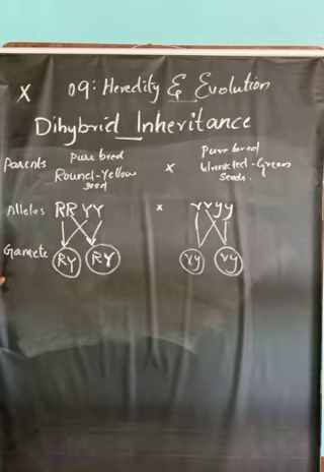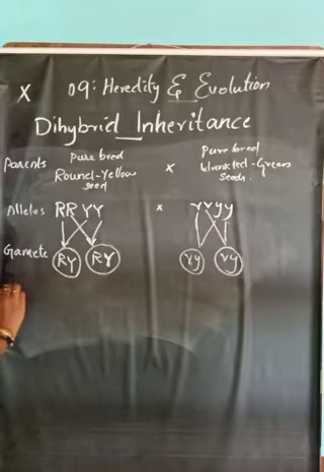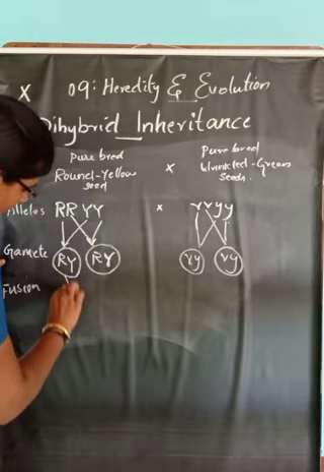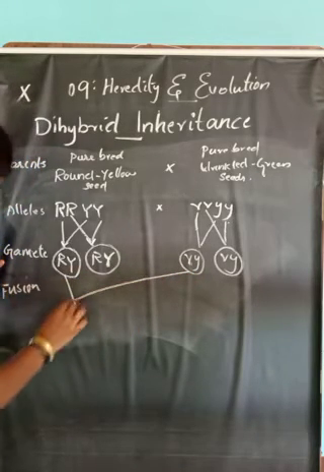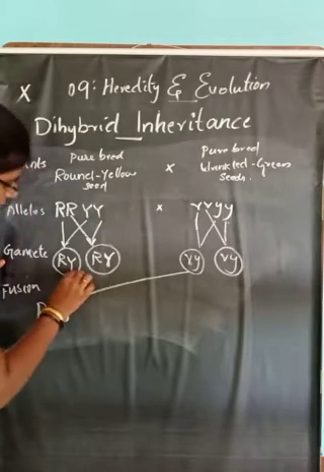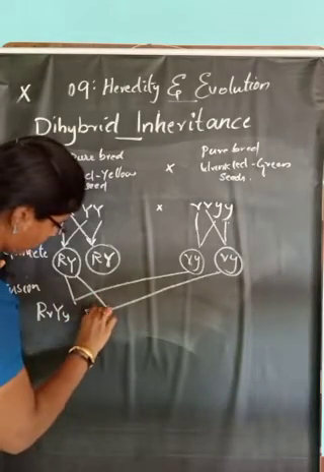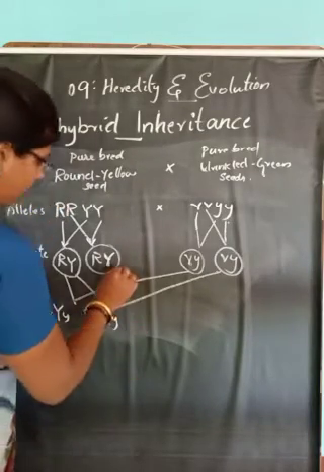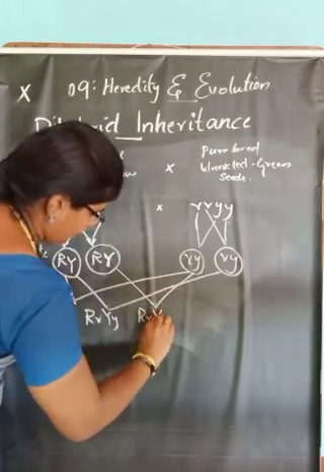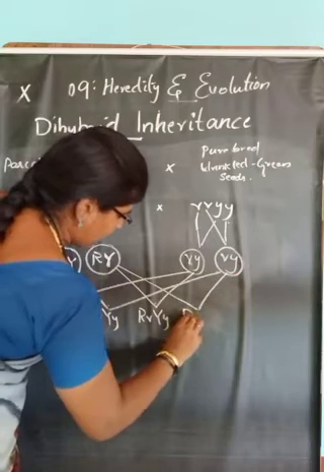Then, same as in the monohybrid cross, fusion of gametes takes place. This will give capital R, small r, capital Y, small y, and every fusion will give capital R, small r, capital Y, small y.